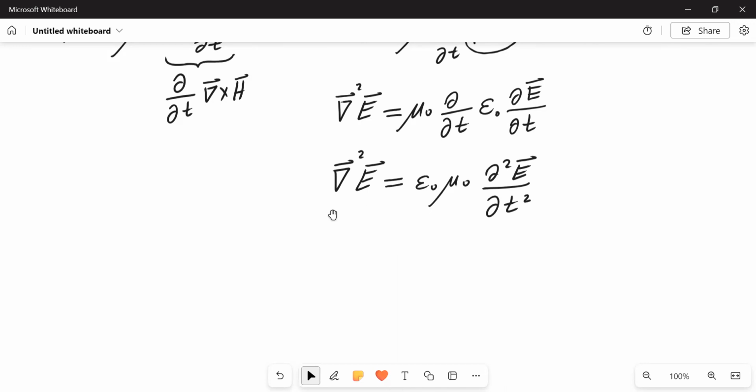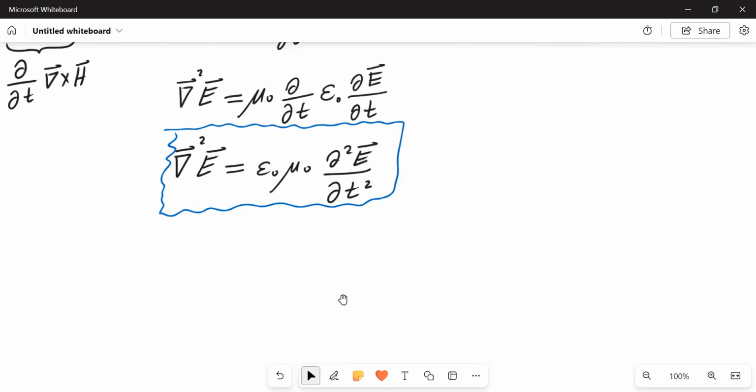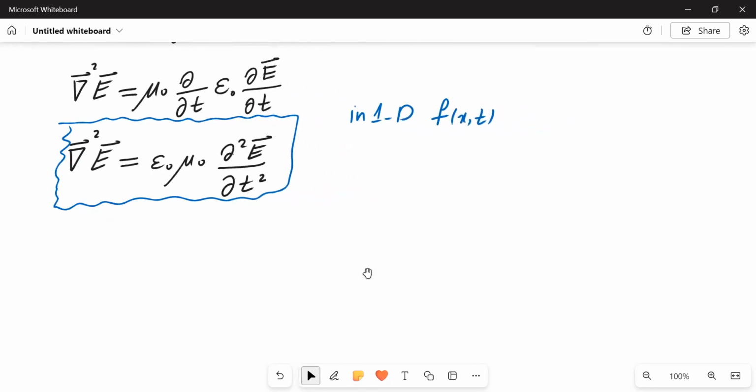And if I look into this equation carefully, this actually is the mathematical form of a wave equation that propagates with a fixed velocity. Now, what is that velocity? In general, let's say in one dimension, the wave equation of a function of space and time, let's call it f, has this mathematical structure.